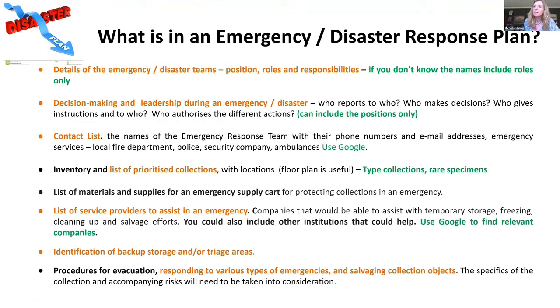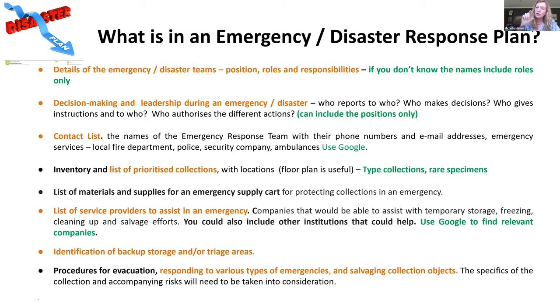And the prioritized collections would be your type collection, very rare specimens. I mean, people might say, well, all of our material is rare, but you will have some things that are very, very special. And those would be your priority to get out of the building if there was a disaster or an emergency even. So those would be the things that you would first protect. So those will go into your response.